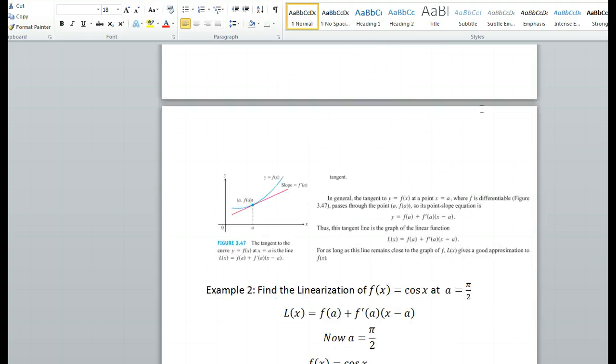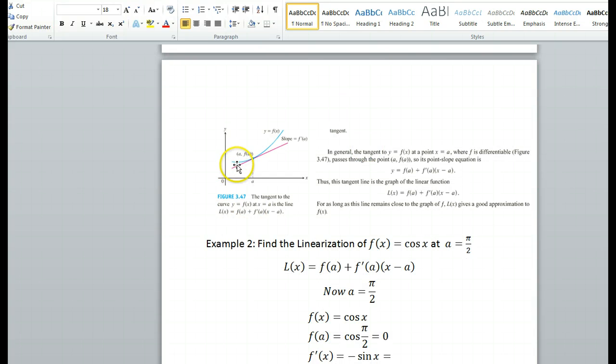So to give a visual idea, suppose you take this graph, this nonlinear function, like a parabola-like thing. It's a nonlinear crazy function. You cannot approximate the whole function by a linear function, because a linear function is a straight line. But if you select a point and look at the little neighborhood of the point, you can see that the curve and the straight line are very close to each other.